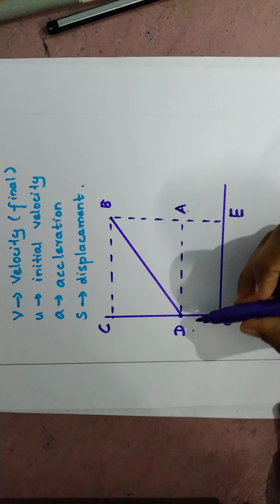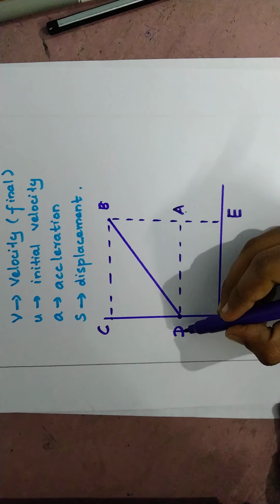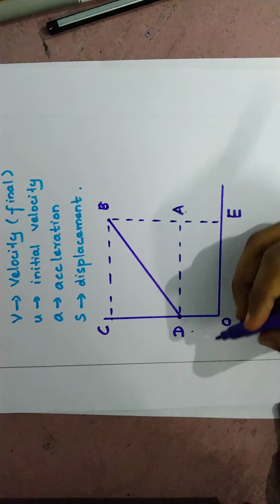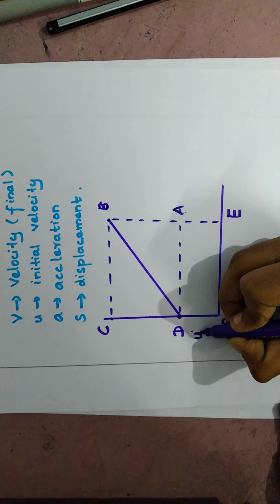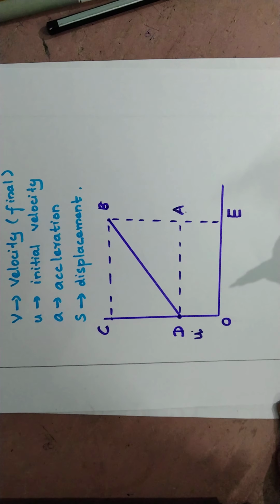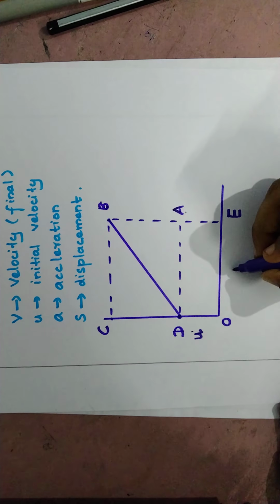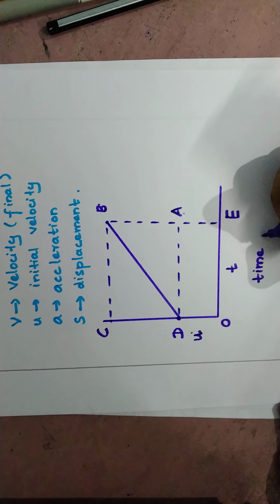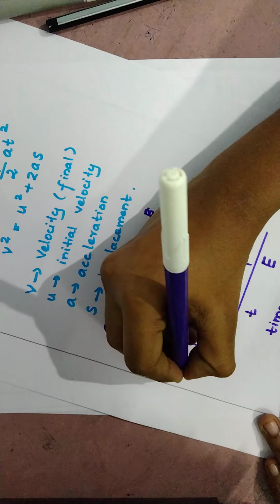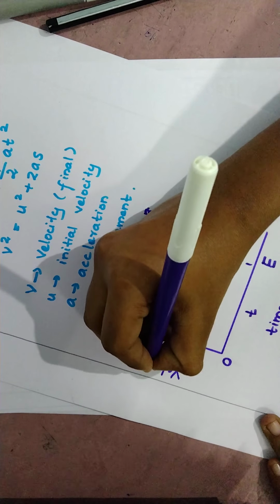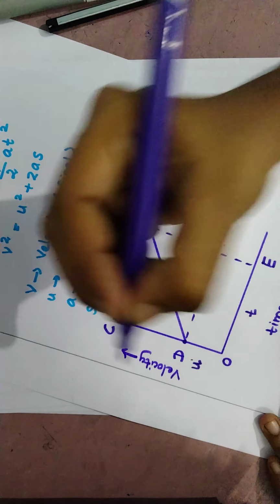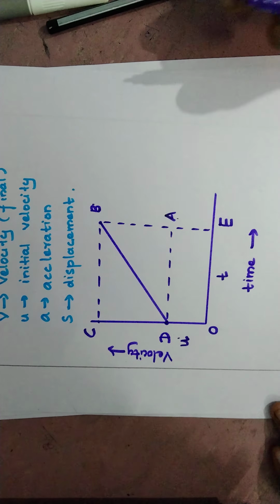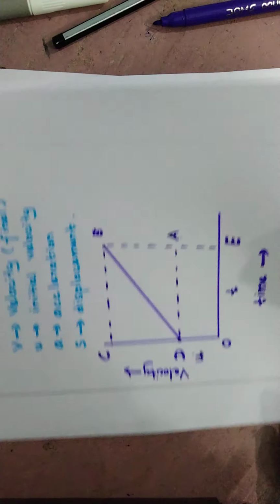We say that D is the initial point and B is the final point. The initial velocity is denoted by the letter u, and here T. This shows the time-velocity graph.